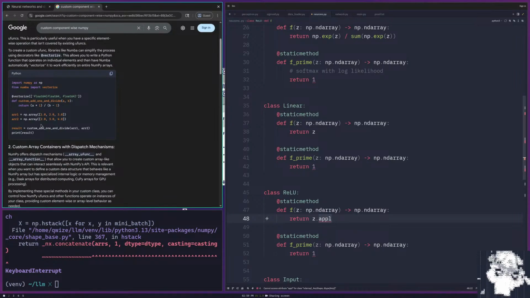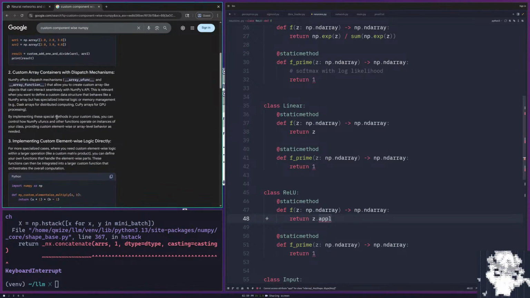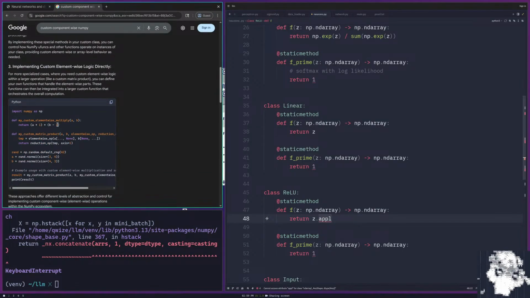So I can call, oh, no, I don't want to use numba. I don't know what that is. What's reduction OP? Oh, that's like... Well then what?